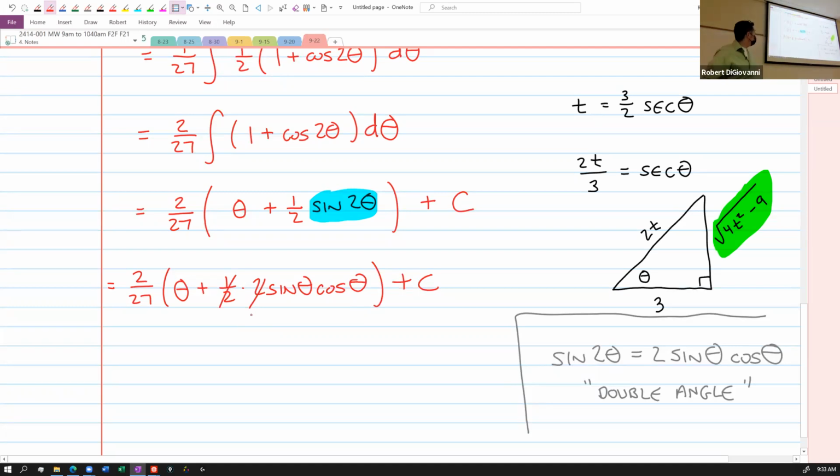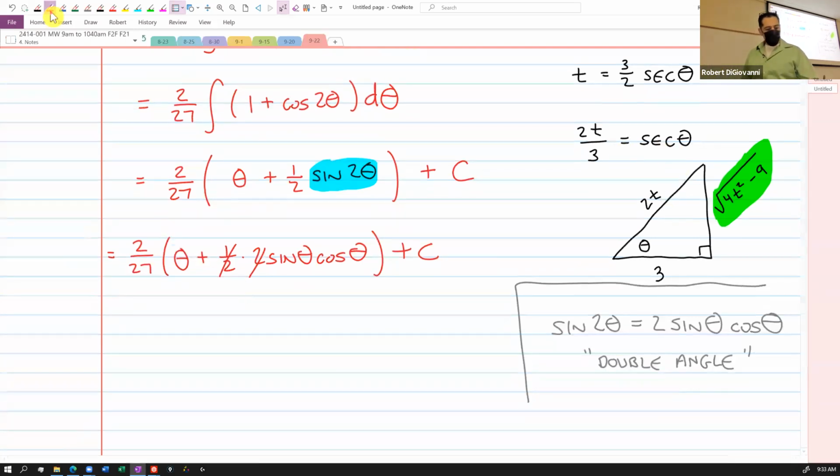So now, in order for me to find the answer, I just need to know what sine of theta is and what cosine of theta is, and that I have the triangle for that. Okay. And I need to know what theta is. How am I going to get theta? I'm going to take arc secant on both sides of this to get theta.